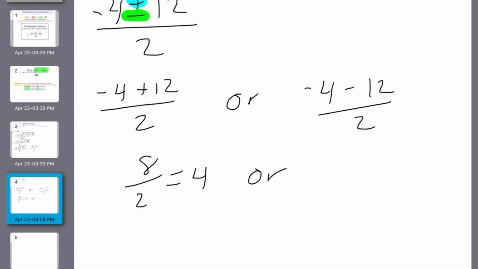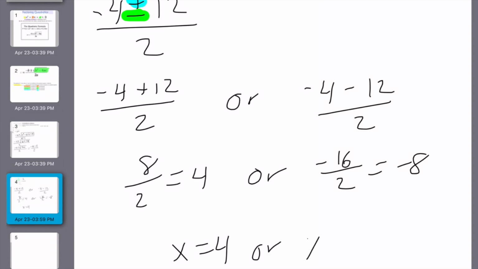Or negative 4 minus 12 is going to be negative 16 divided by 2, which is going to be negative 8. So my two solutions are x equals 4 or x equals negative 8. Okay, so that's our first example. Let's try to go back to the second one.